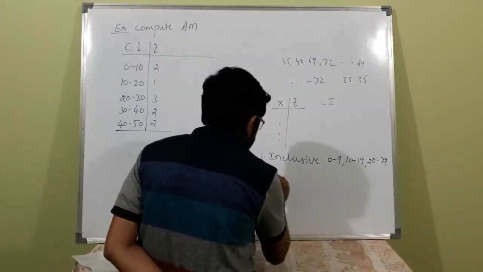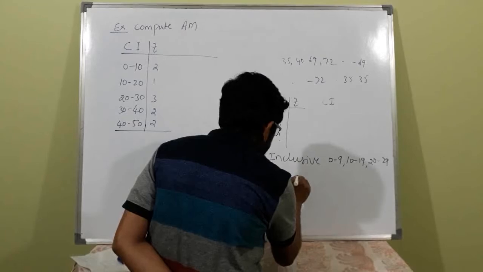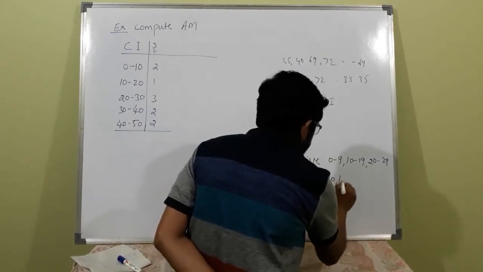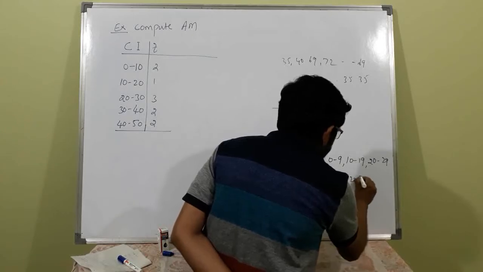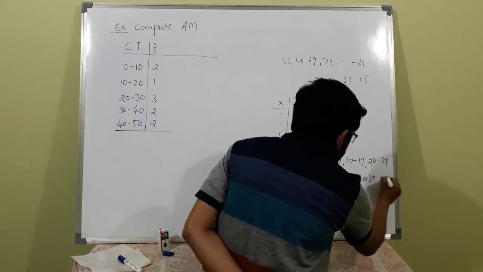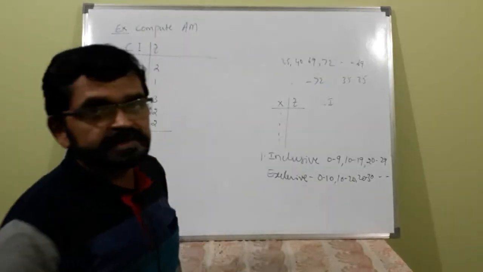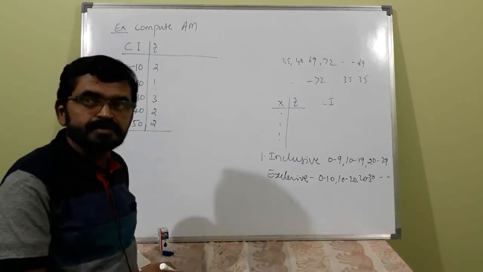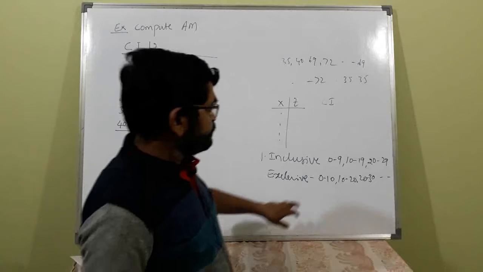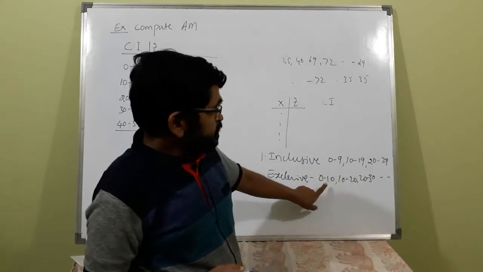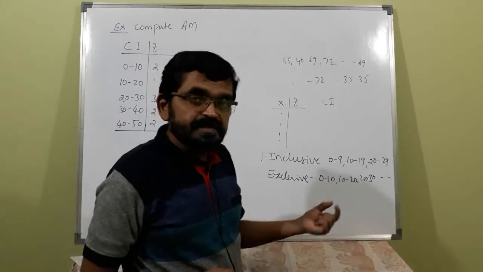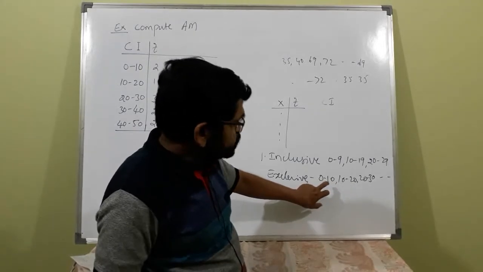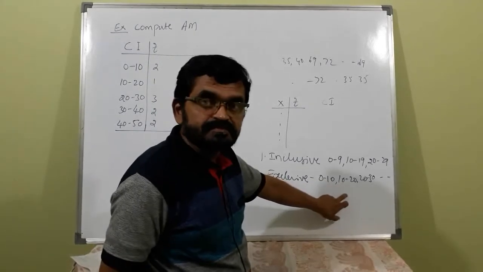But another class is there, that is exclusive class interval. Exclusive, that is 0 to 10, 10 to 20, 20 to 30, etc., or 0 to 100, 100 to 150, 150 to 200, 200 to 300. Here, suppose a value is 10, does it belong to the first class or this class?